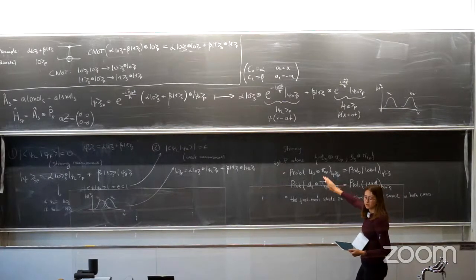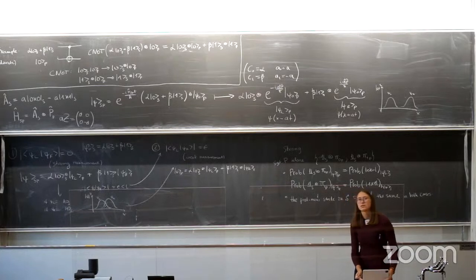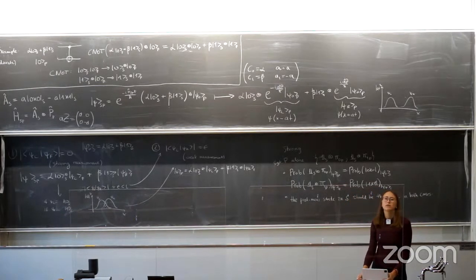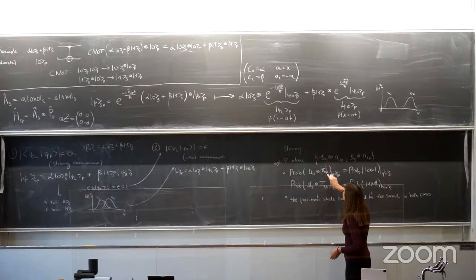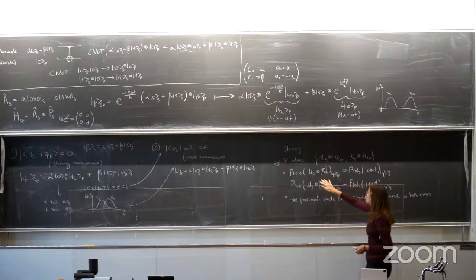So P is the pointer. I mean, it just means that I apply pi 0 on the system P, and pi 1 on the system P, because now when we write the operators, we always specify on which system the operator acts.